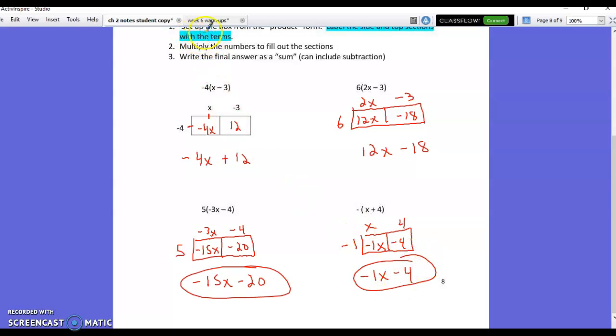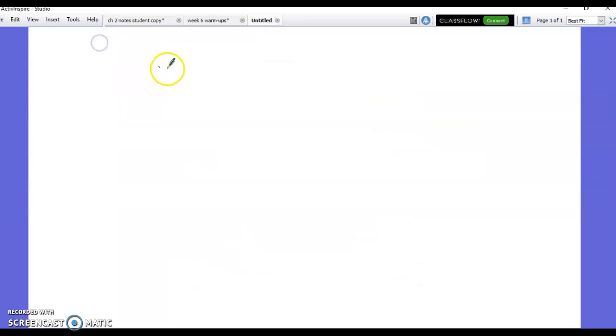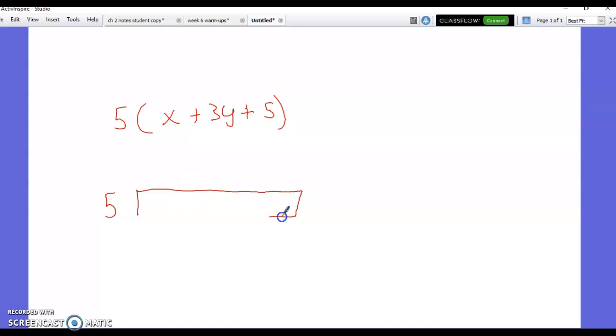All right, so this actually works for any type of problem you would distribute. Let's say I had 3 terms in there. Let's say I did 5 multiplied by x plus 3y plus 5, and I want to distribute this through. Well, I could still set this up, but now I'm going to set it up as a 1 by 3, so I have 3 terms inside my parentheses.